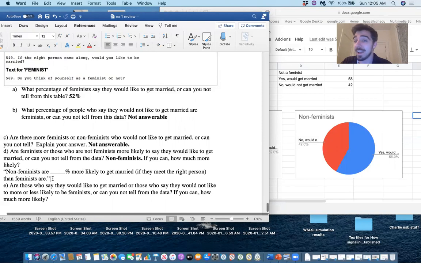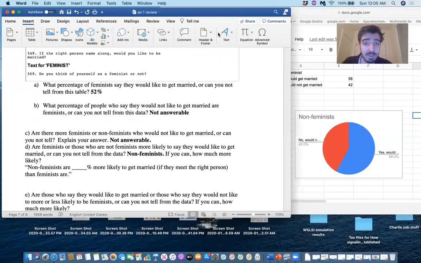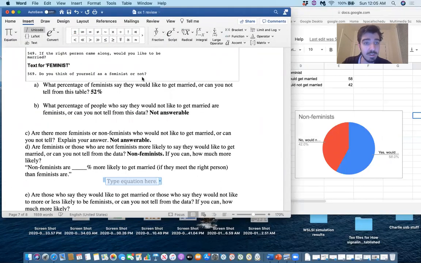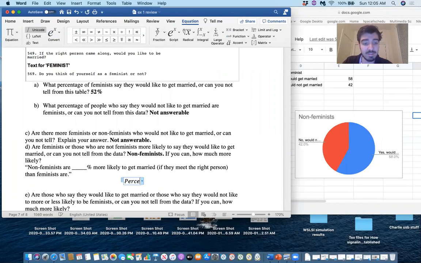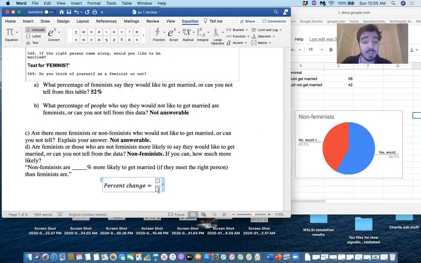So remember, if we have the word "than" in one of these percent change sentences, then whatever comes after the "than" is going to be in the denominator, right? So let's go ahead and get the framework for the formula here. Let's insert equation. So percent change, the number that's going to go in the blank, right, is going to be the number that comes after the "than," which is the feminist percent, right?